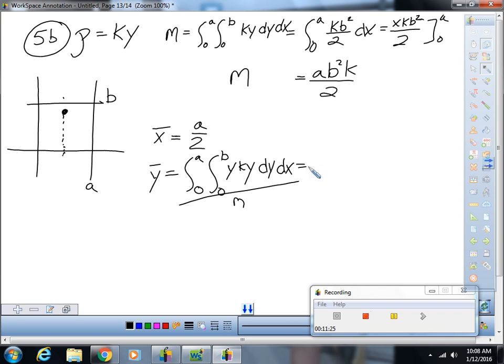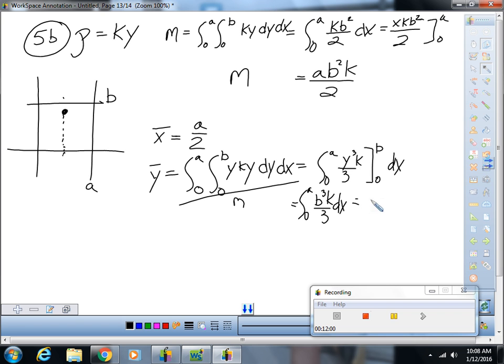So the top is equal to the integral from 0 to a, y squared, so that's y cubed over 3k as y goes from 0 to b dx. The top is equal to the integral from 0 to a of b cubed k over 3 dx.